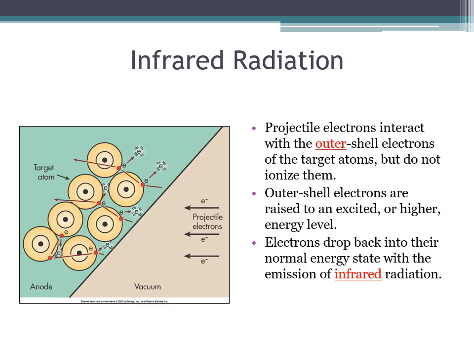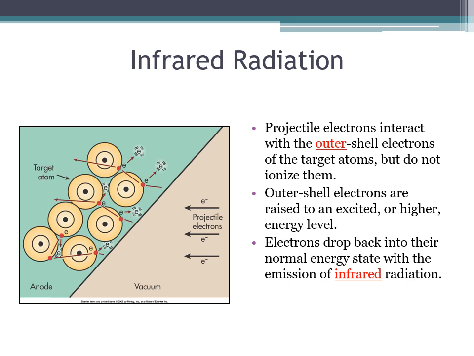So let's begin with the first interaction. So infrared. Infrared is an interaction that's going to result in heat. So this is something we have greater than 99% heat is produced when we produce X-rays, and so we have a very inefficient process.